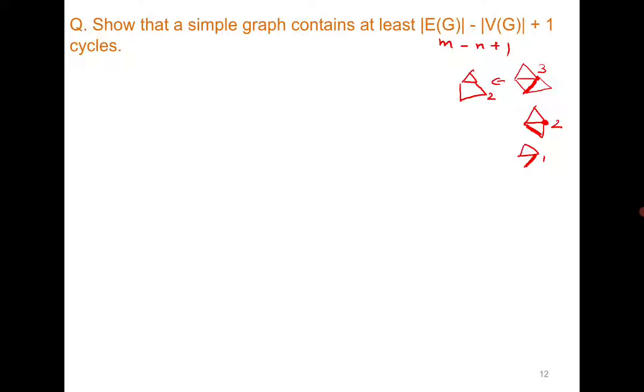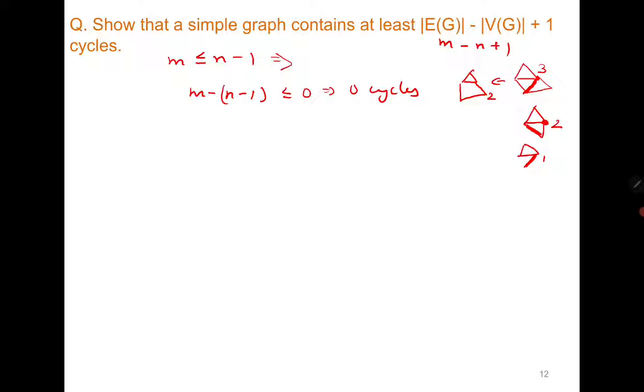The trivial induction step is that if m is less than or equal to n minus 1, which means the graph is a tree or a forest, then m minus n plus 1 is less than or equal to 0, which means 0 cycles.